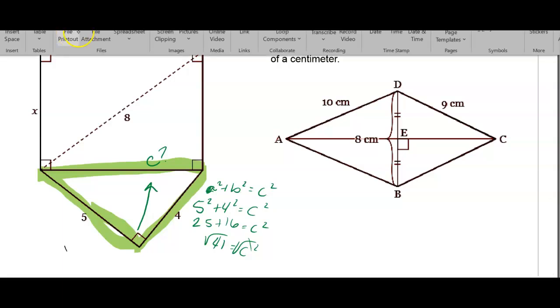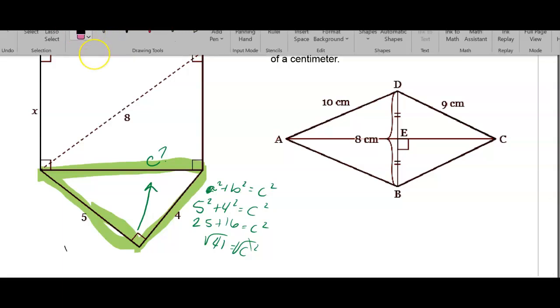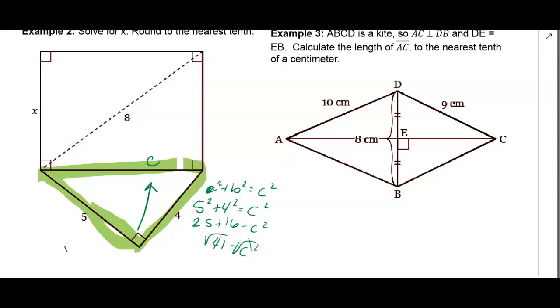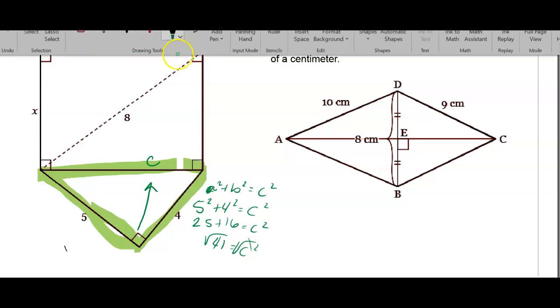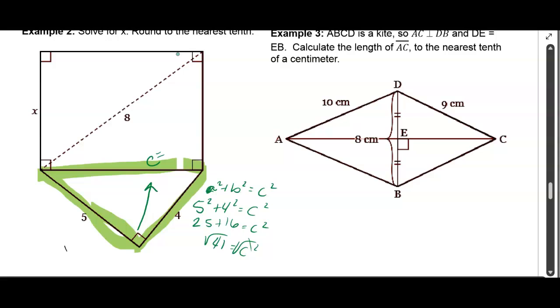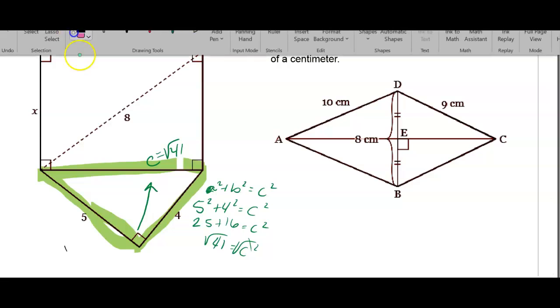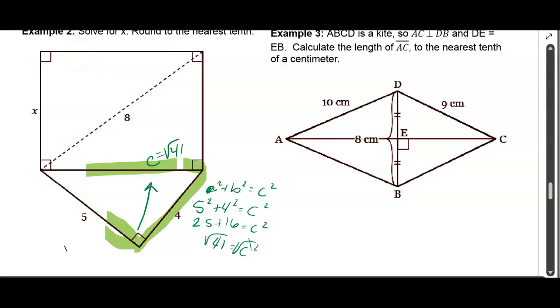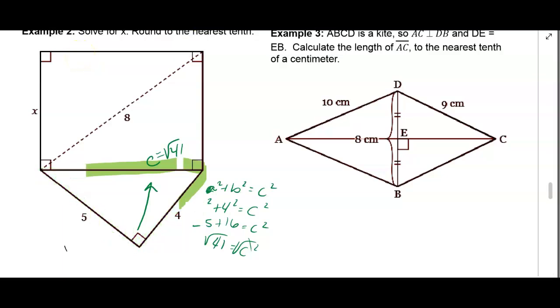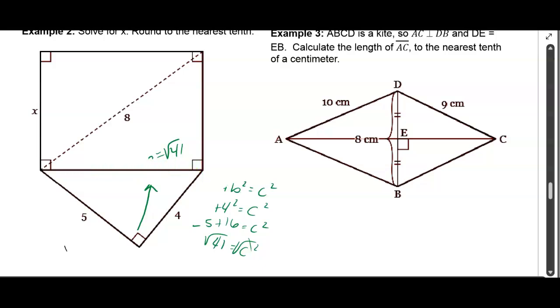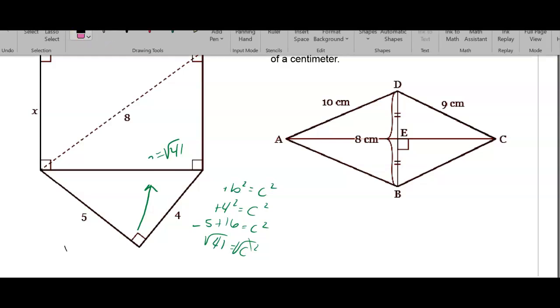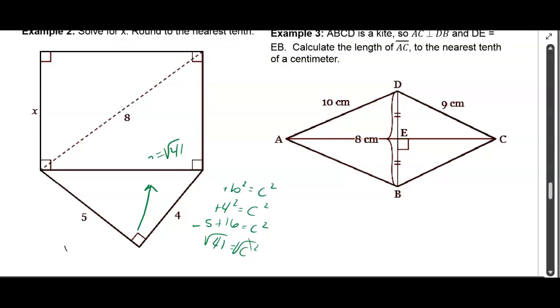And now I found c equals the square root of 41. Now, if you're highlighting along, that's fine. I'm going to get rid of this highlight because now I'm going to talk about a different triangle. Like I said, if you highlighted, that's fine. Don't worry about whether or not you can erase your highlight.